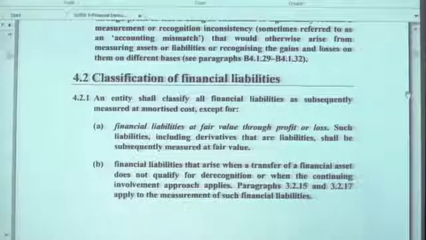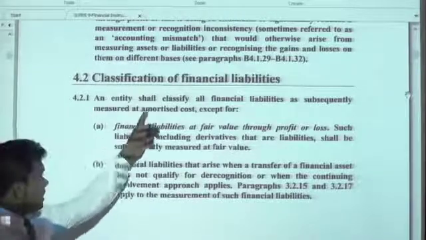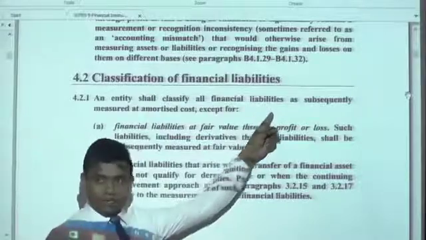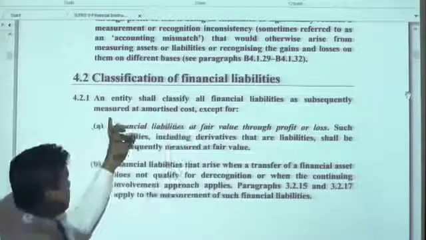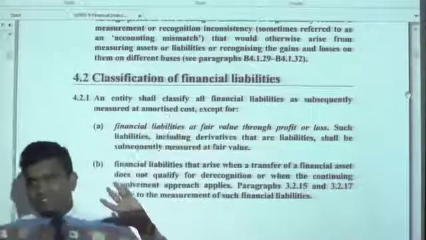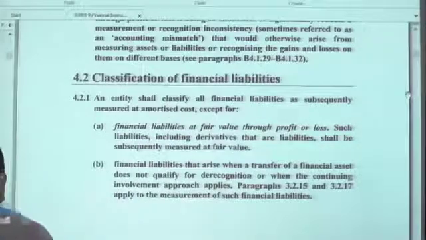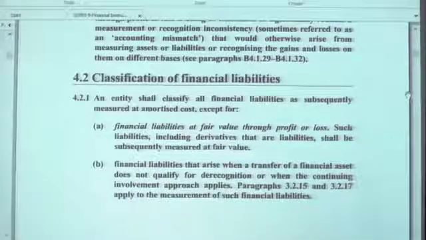It's clearly mentioned, an entity shall classify all financial liabilities as subsequently measured at amortized cost. That's the way. Is that clear? All financial liabilities shall be measured and classified at amortized cost, except in these circumstances.